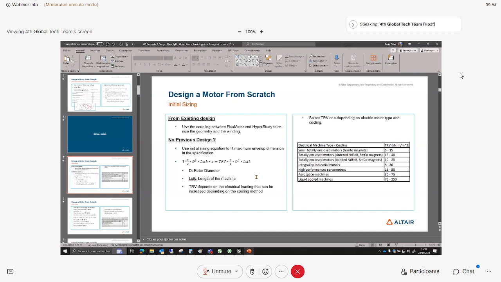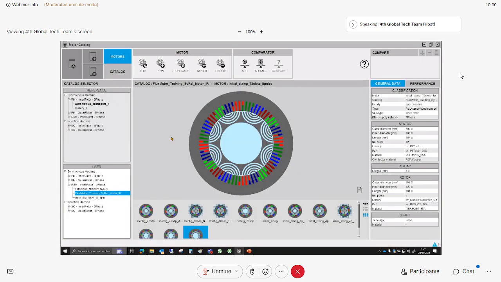Yeah, then we had this drive specification. Then we need to start with the geometry, because if you start with Flux Motor, you need some inputs. We start a new project with Flux Motor.